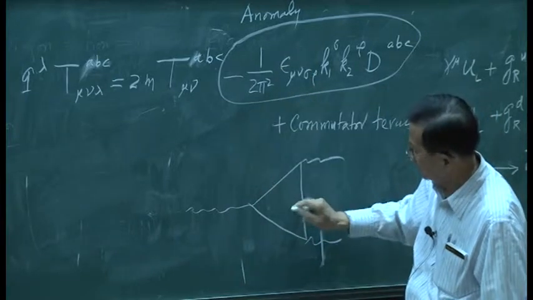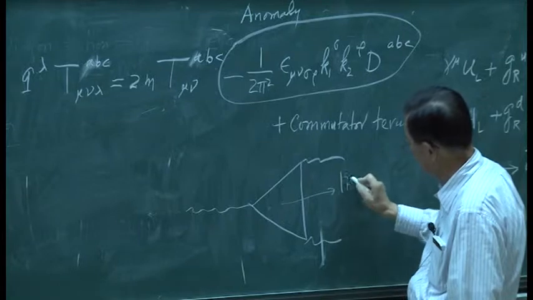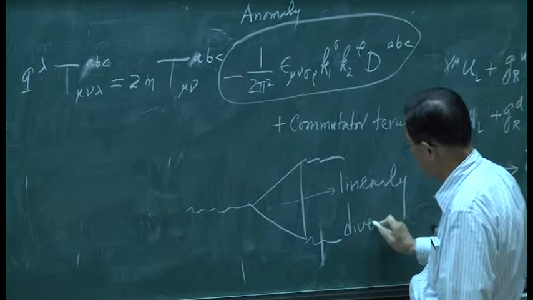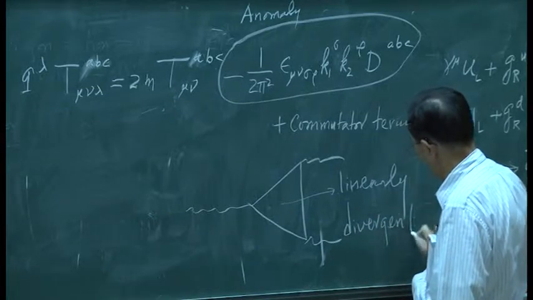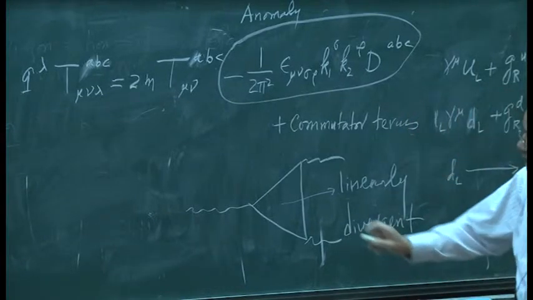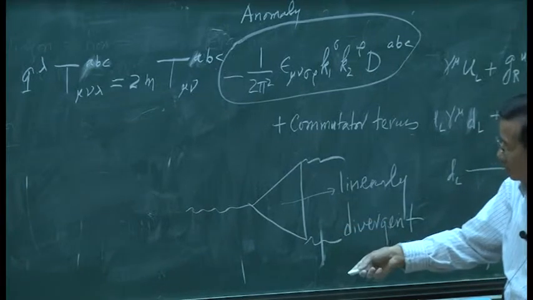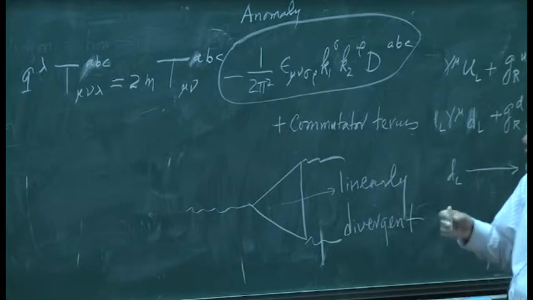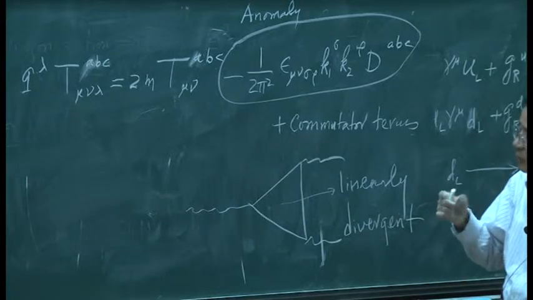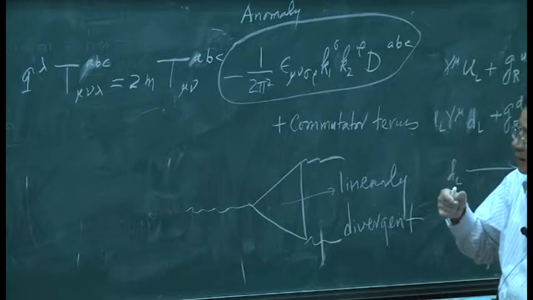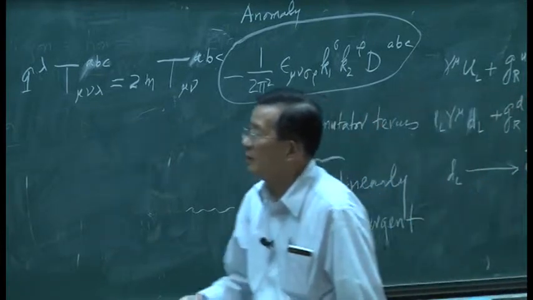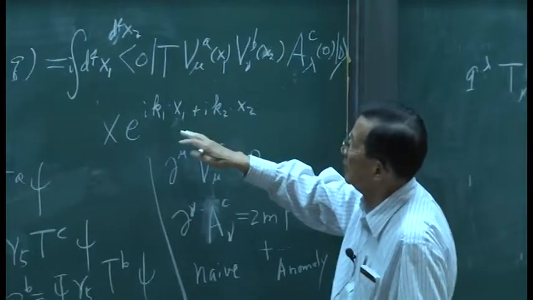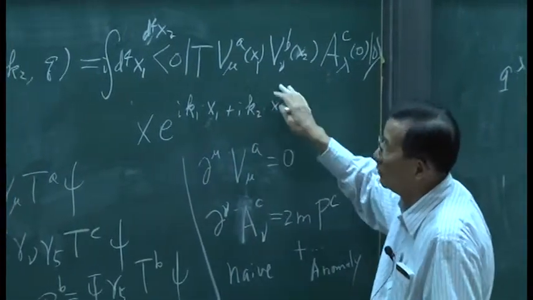But this integral here is linearly divergent, if you just do the power counting. So the integral is not well defined. In order to define the integral properly, you have to introduce certain regularization, which cannot maintain all the identities you want to keep. You can only keep some of them, but not all of them.